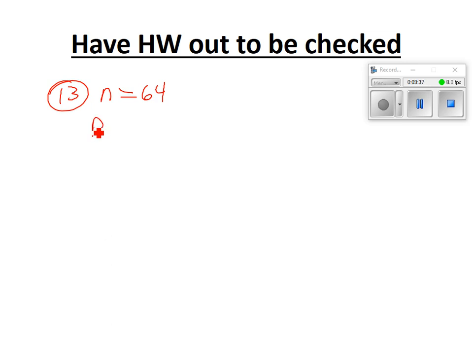So we want the probability that the sample mean is less than 24.3. That's what we're looking for. And it tells us that mu is 24, standard deviation is 1.25.